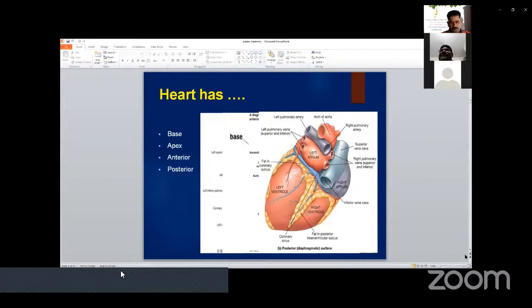You can see the left ventricle, and below that there is a tip that is called the apex of the heart. It is just the opposite part of the base of our heart. The apex of the heart is the maximum impulse point.